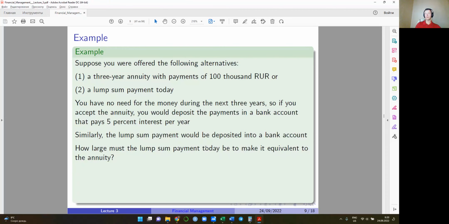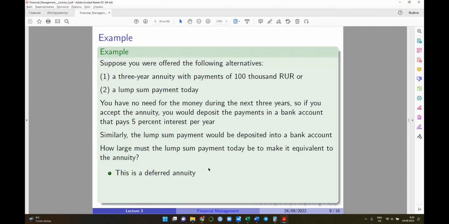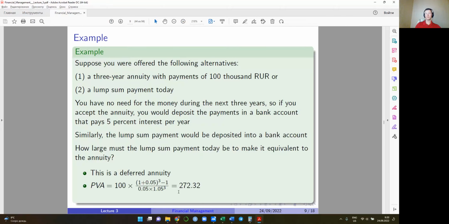The question says lump sum payment today. If we are talking about today, it suggests that we need to compute present value. If it says equivalent to the annuity, we have to calculate the present value of an annuity. So this is a deferred annuity, and we know that the present value of a deferred annuity can be evaluated in the following way.